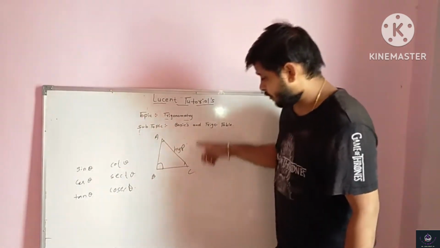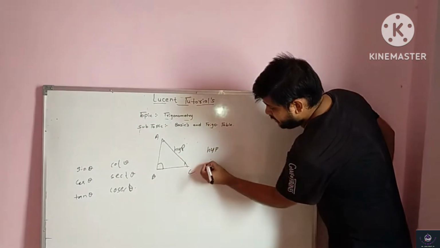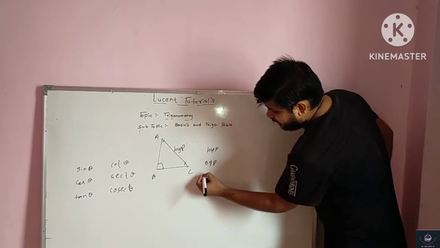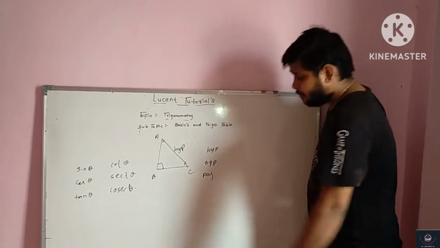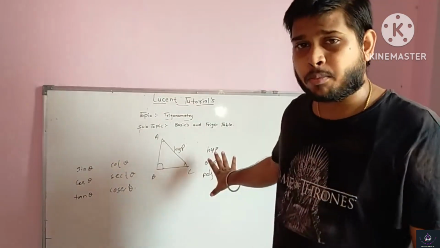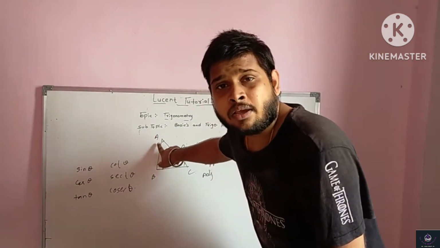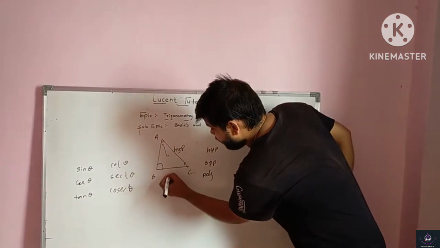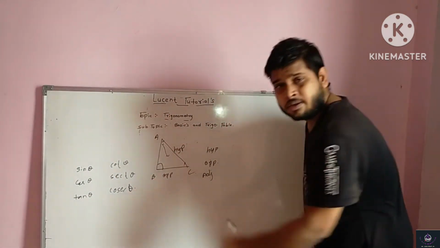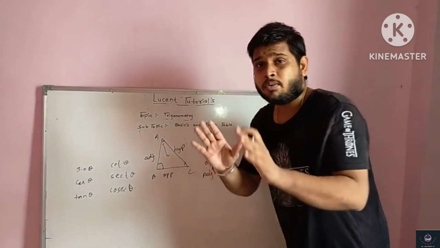Now what components does the triangle have? Triangles have hypotenuse, opposite side and adjacent side. We have these three components in our triangle. While we are talking about A, the opposite side should be BC and the adjacent side should be AB. Why?